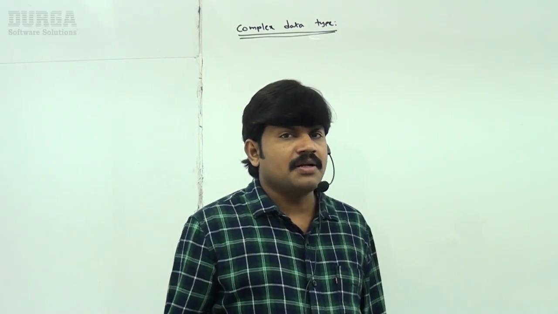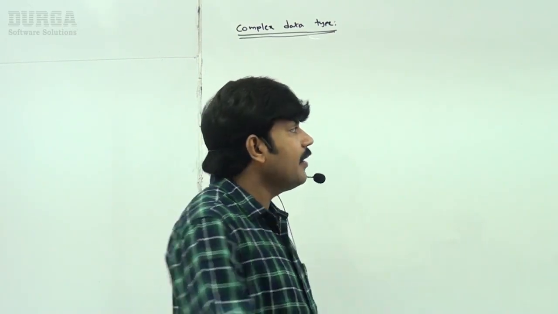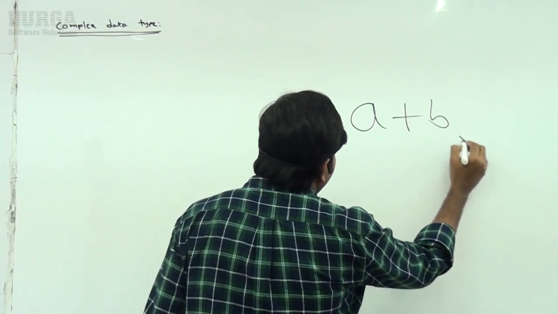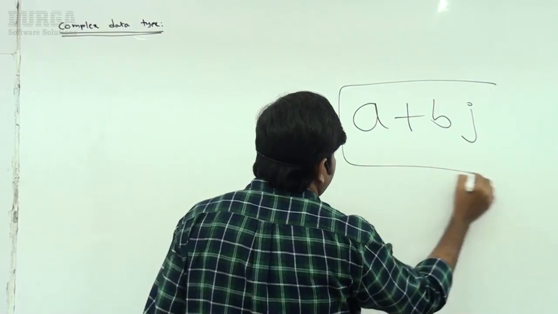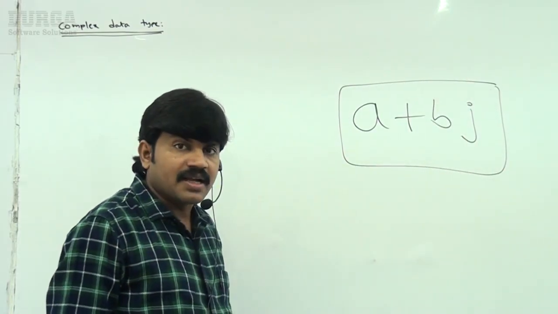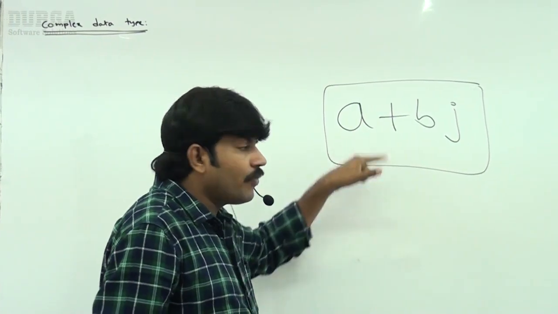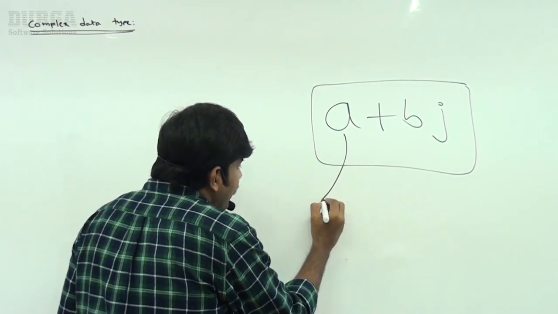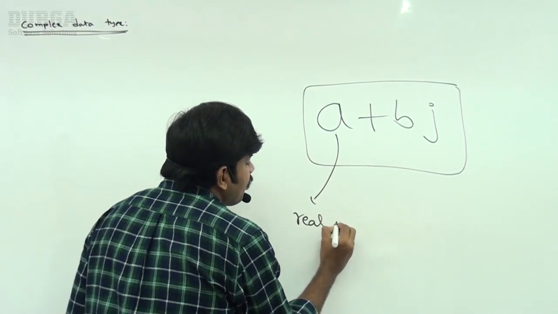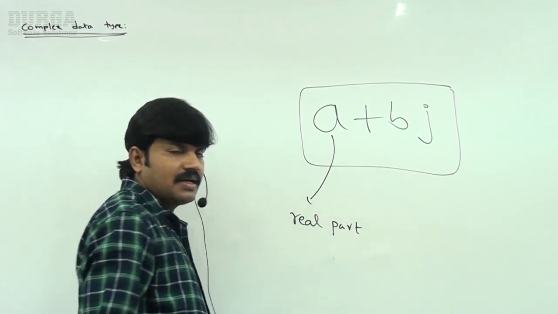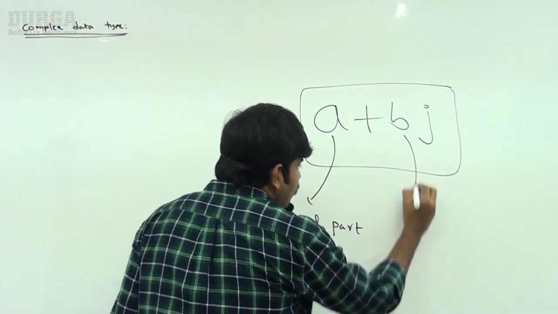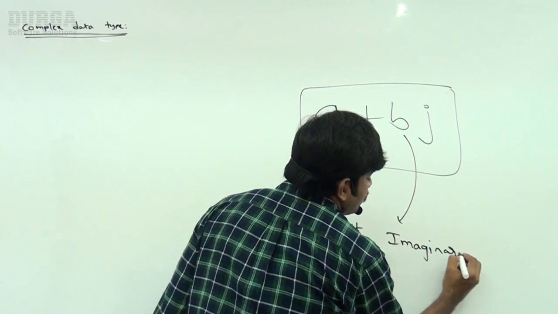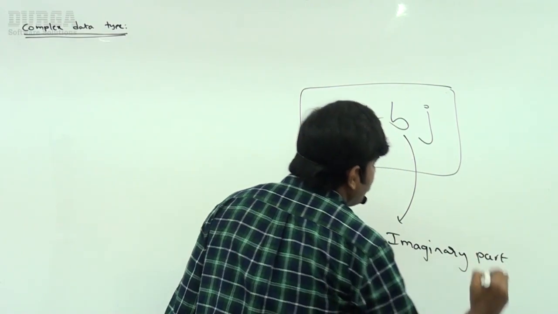Now, what is the syntax? How can you represent a complex number? Observe carefully, sir. a plus bj, this is the syntax. A complex number is of the form a plus bj. This a is called the real part, and this b is called the imaginary part.